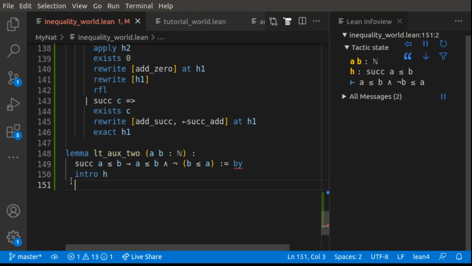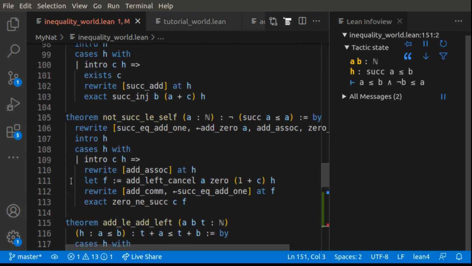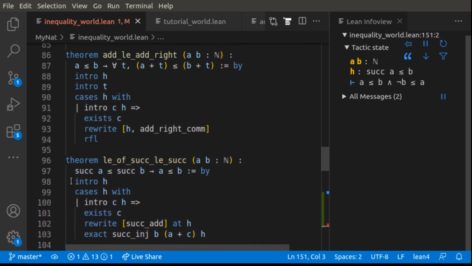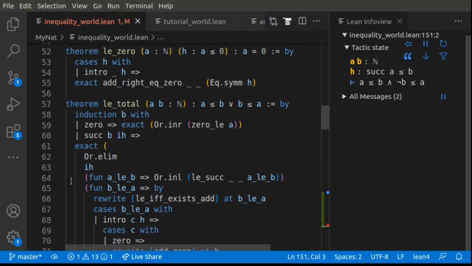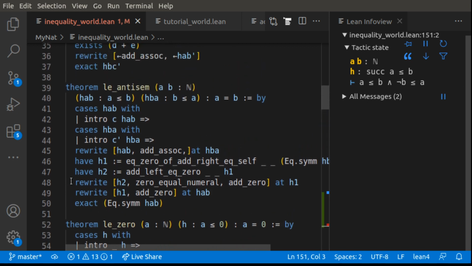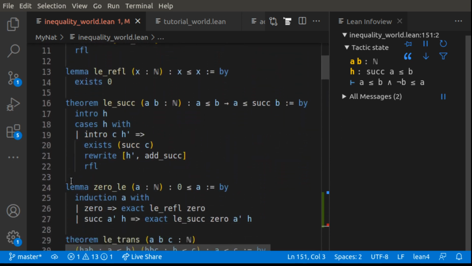So successor of a less than or equal to b implies that a less than or equal to b. I think that's one of our theorems. We're going to chain two theorems with transitivity.